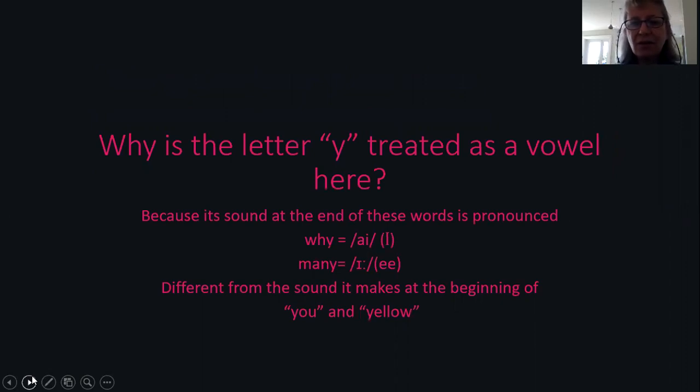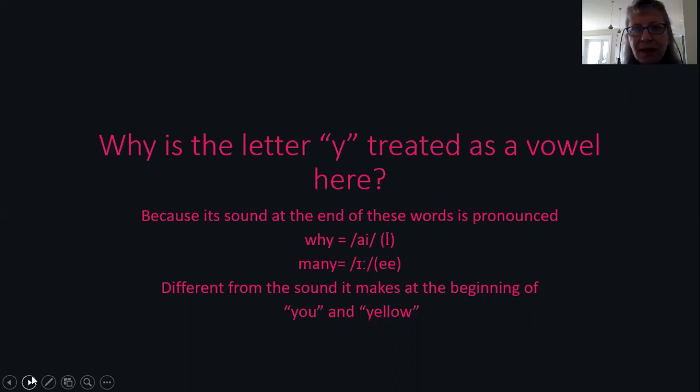And the sound of the letter Y at the end of these words is pronounced in two ways. Y. Letter Y makes an I sound. Many. Letter Y makes an E sound. So I and E are both vowel sounds, but they're spelt with the letter Y.